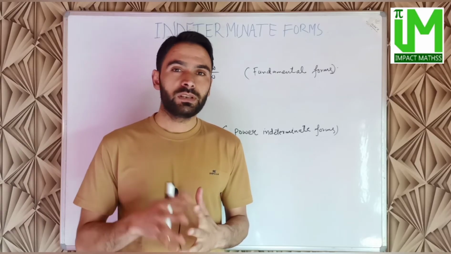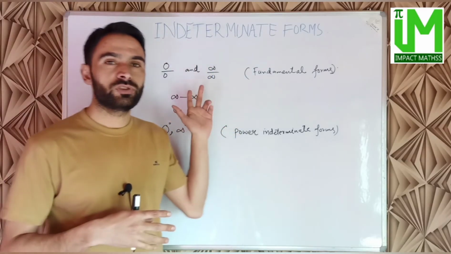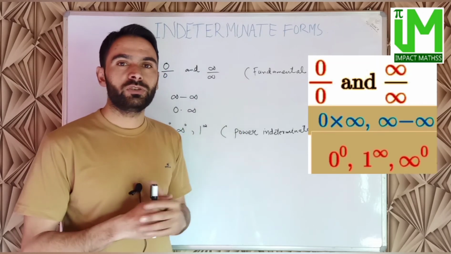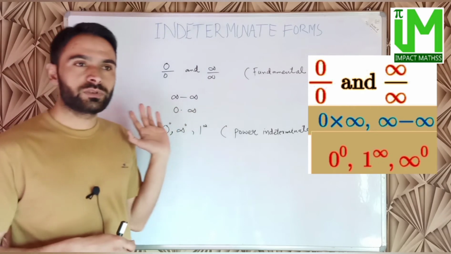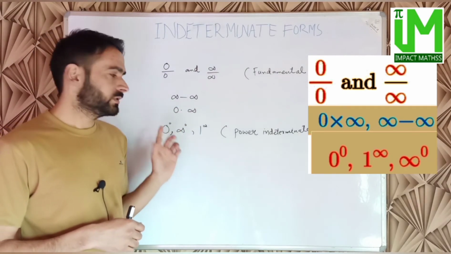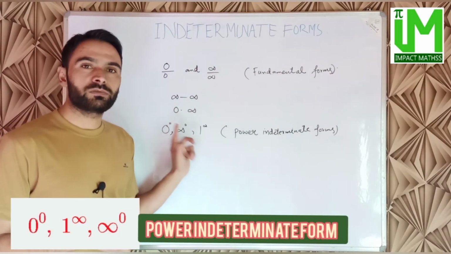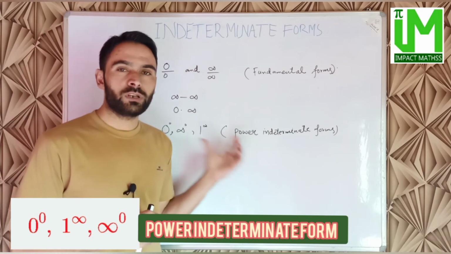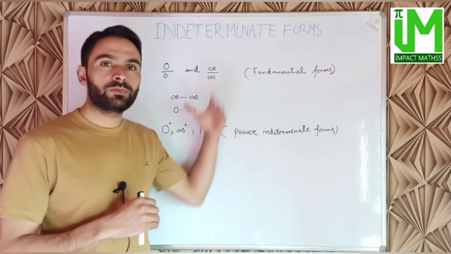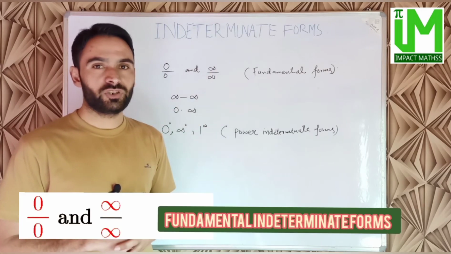Now we have 7 indeterminate forms: 0 divided by 0, infinity over infinity, infinity minus infinity, 0 into infinity, 0 to the power 0, infinity raised to power 0 and 1 raised to power infinity. The last 3 are called power indeterminate forms, while the first 2 are called fundamental indeterminate forms.